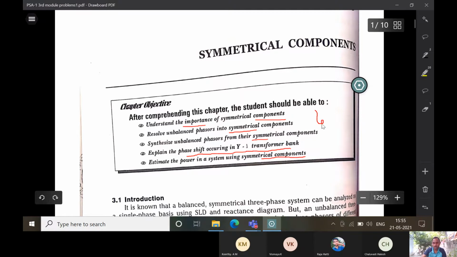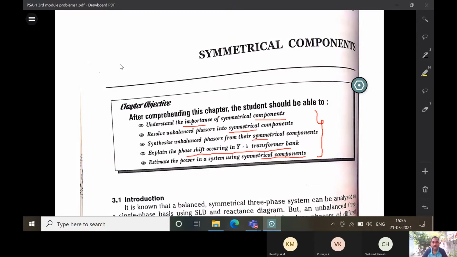So these are the terms we have to discuss in this chapter. So, an introduction about the symmetrical component. In previous study, what we have done is symmetrical fault analysis. Another one is unsymmetrical fault analysis. Symmetrical fault analysis can be directly analyzed through Kirchhoff's laws.